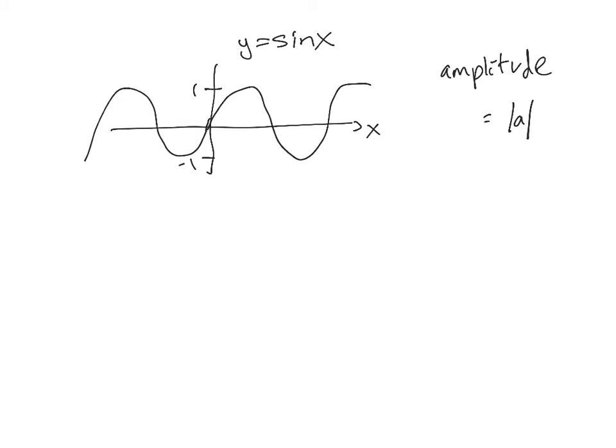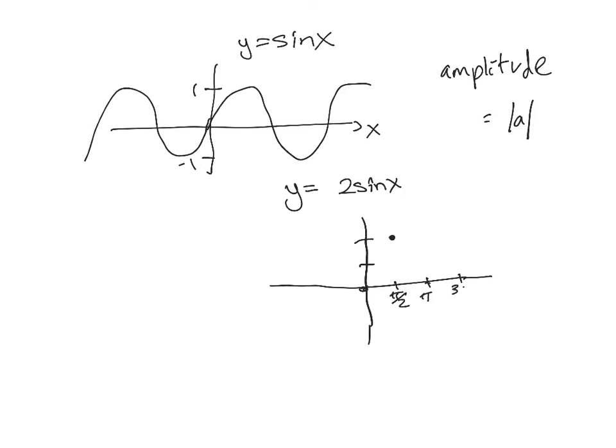So if I were graphing something like y equals 2 sine x, what does that mean? That means multiply all the y values by 2. Of course, any y value that's 0 stays the same, but 1, which occurs at pi over 2, would be up at 2 instead of 1. At pi, I'm still at 0.